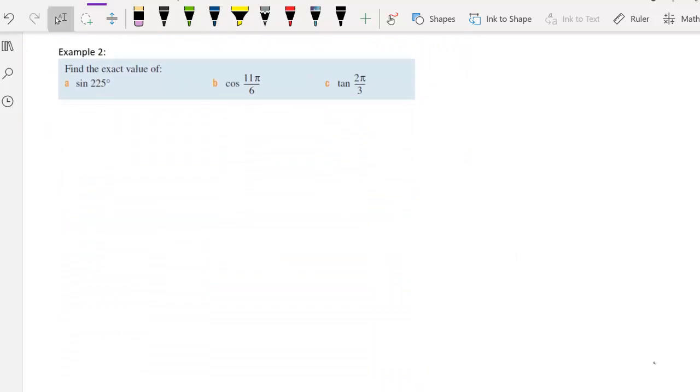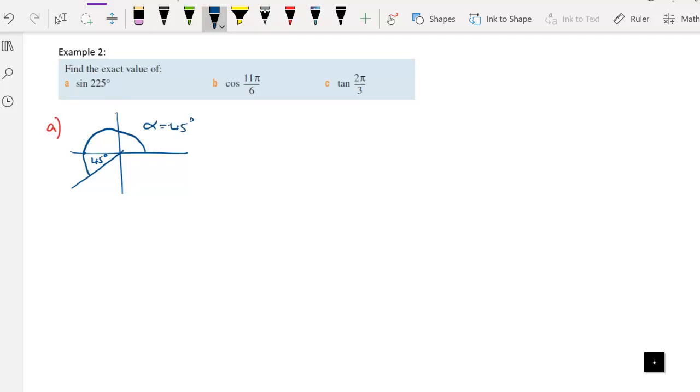Now we're looking at finding exact values, and we've got points that aren't on axes. So with each of these, there's a couple of steps. The first one is we sketch it out, and we work out what the acute angle is. So sine 225, that's 180 plus an extra 45. So what we want to be able to say here is that the acute angle is 45 degrees.